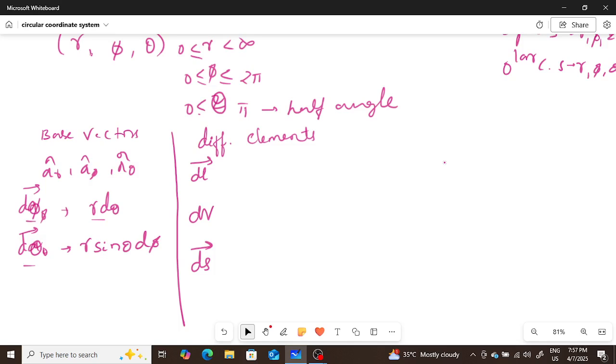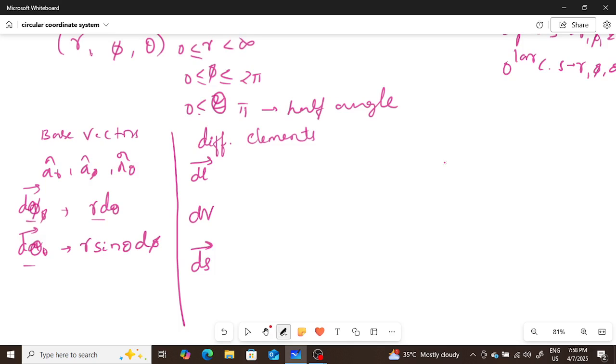For the time being just remember, in the cylindrical coordinate system, d phi is written as r d phi. In the circular coordinate system, d theta is written as r d theta, and d phi is defined as r sin theta d phi.